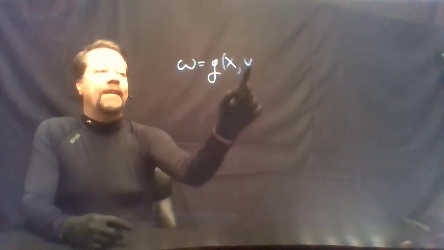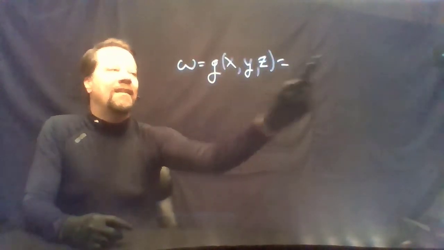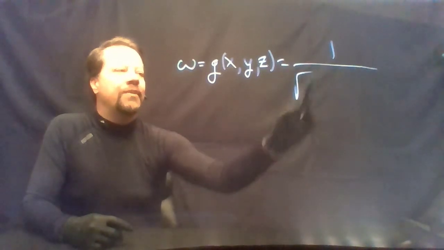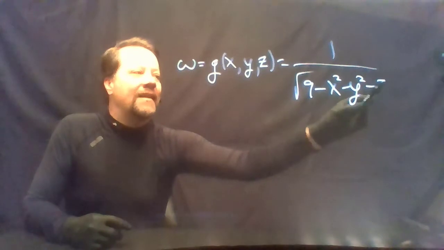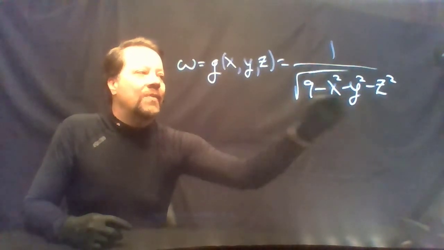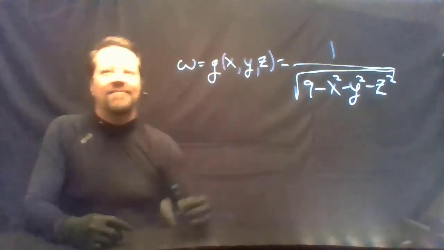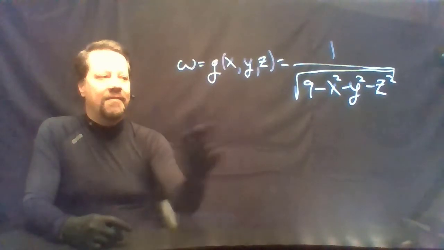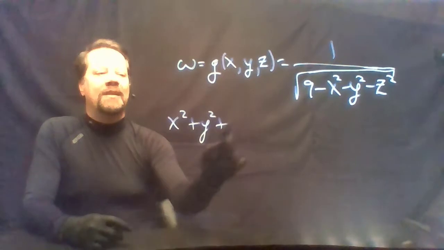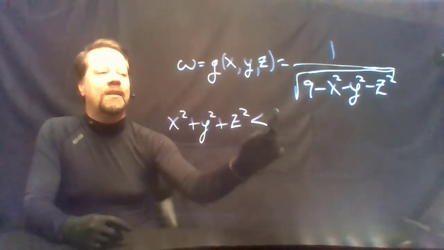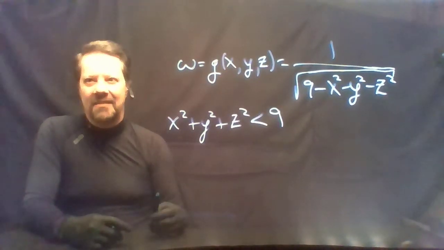If I write w is some function g of x, y, and z equal to 1 over the square root of 9 minus x squared minus y squared minus z squared. Now, the domain requires that x squared plus y squared plus z squared is strictly less than 9.